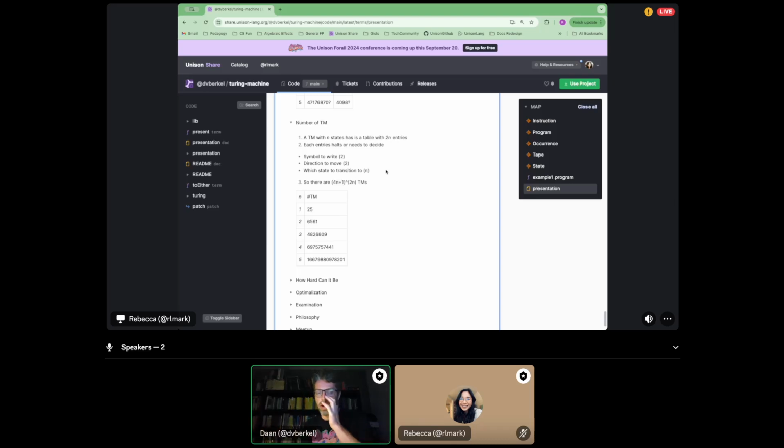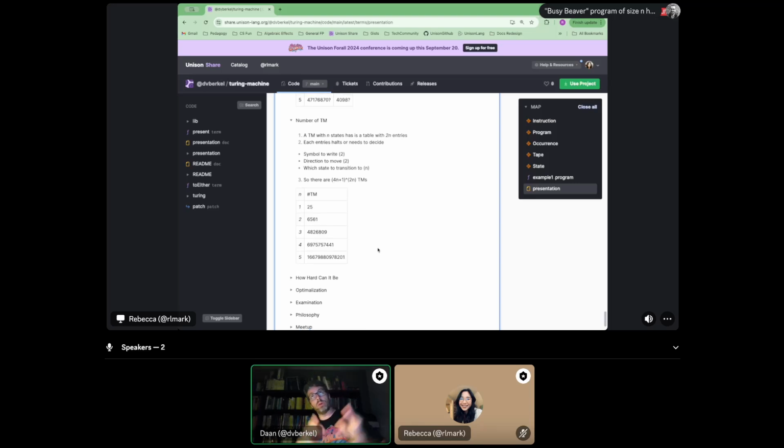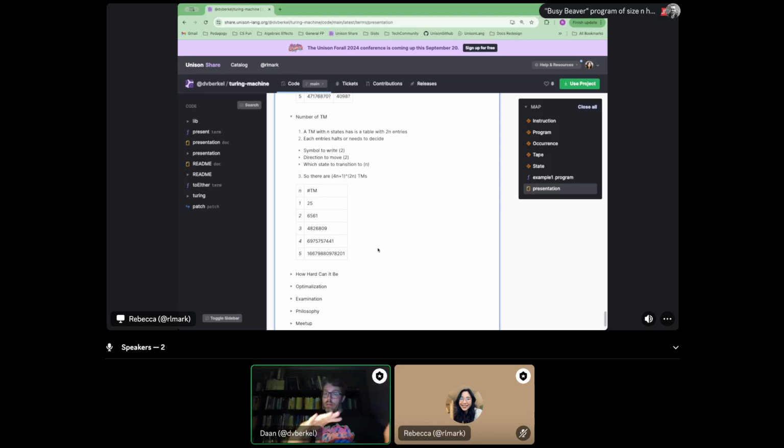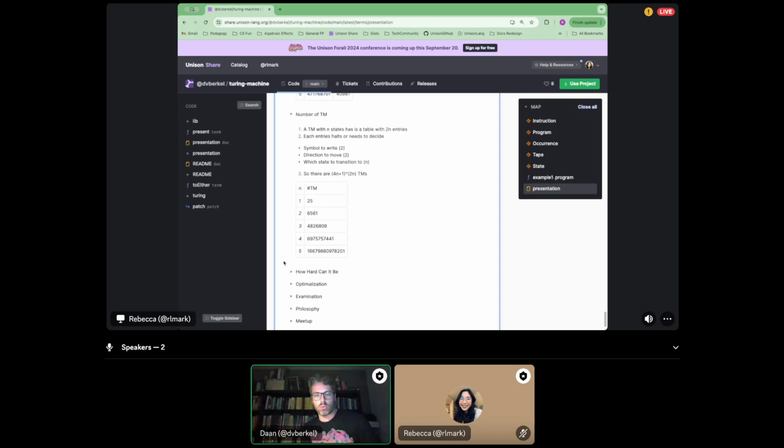So let's say there are n states, and the total number of options per cell in your program is exactly 2 times 2 times the number of states plus the halting states. And because the cells are represented by either a symbol and a state, you have to multiply by 2 times the number of state cells.